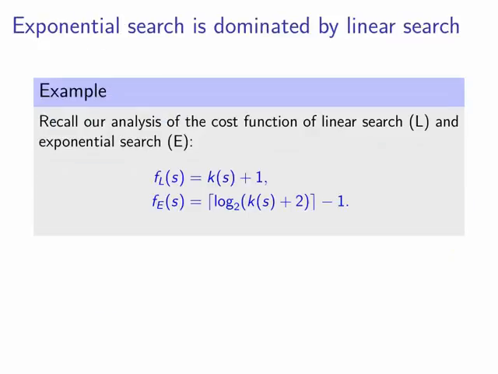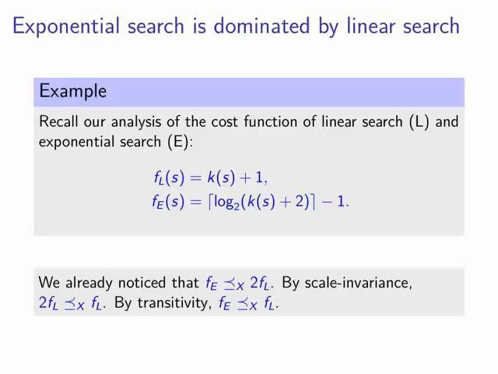So recall that we analyzed that the cost functions of linear search and exponential search were these functions, a linear and a logarithmic function. We already noticed that the cost function of exponential search is dominated by 2 times the cost function of linear search. Then by scale invariance, we have that 2 times FL is dominated by FL.